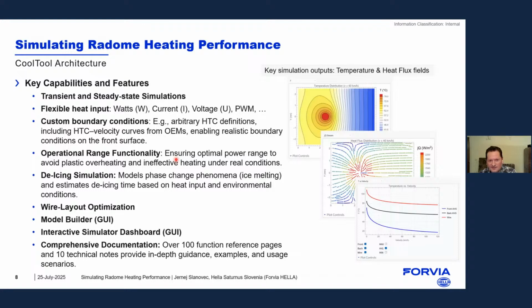We were constantly asking ourselves, what is the optimal power to reach, for example, a front surface temperature of, I don't know, 20 degrees Celsius, or how much power are we allowed to provide to the radome not to melt it? So this was, I would say, the key question that motivated us from the start.